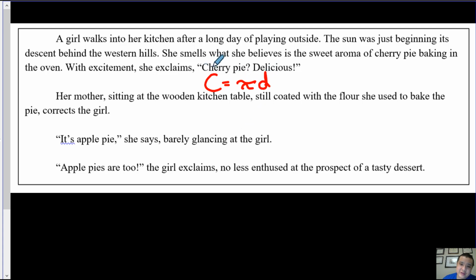Cherry is circumference, pie is pi, and delicious stands for diameter. And then apple pies are 2: apple stands for area, and pies are 2 means pi r squared.